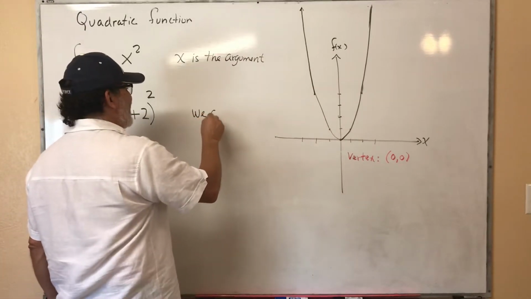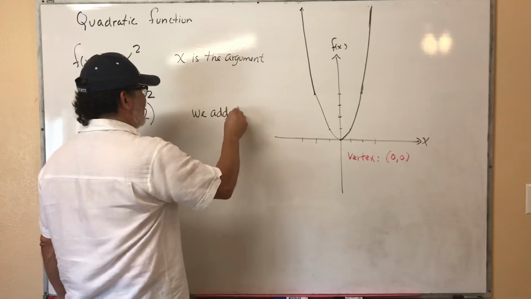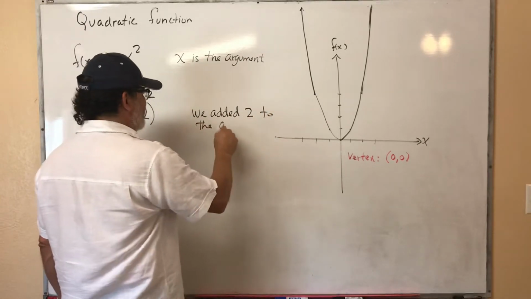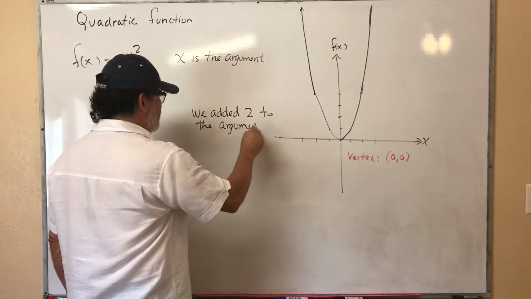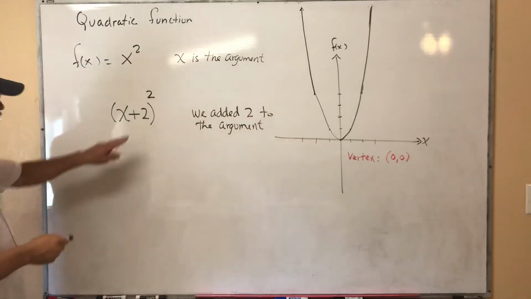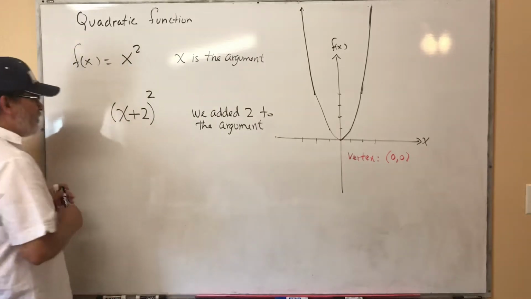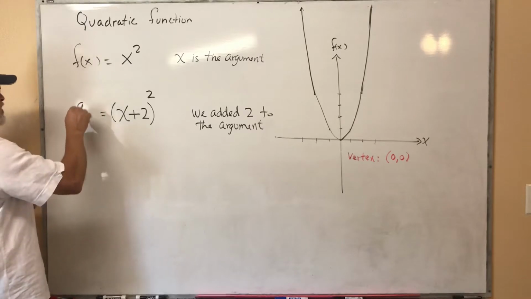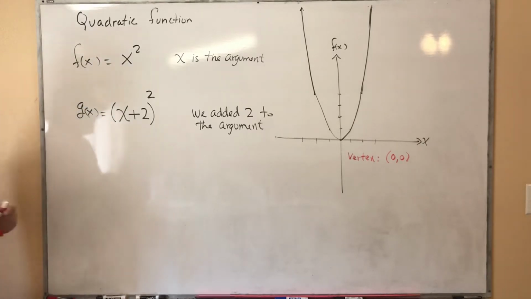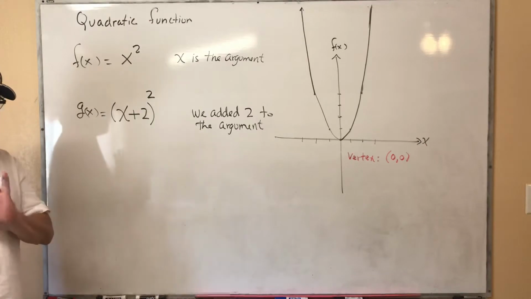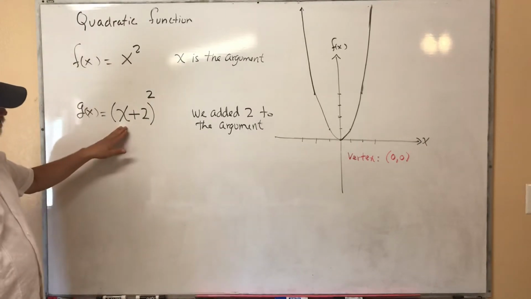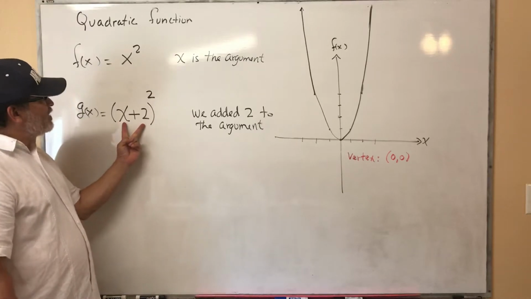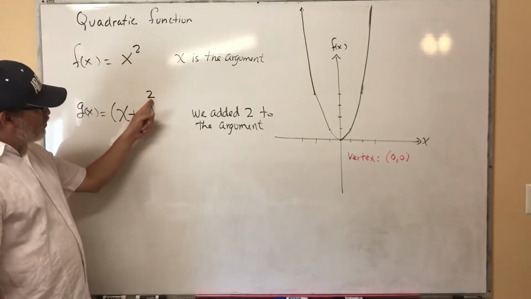That's the new argument, and let's call this a different name. Let's call it g of x. It's a function. We know this is a new argument because x plus 2 is being squared.